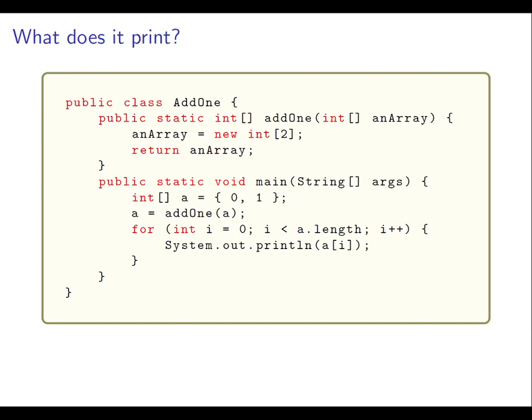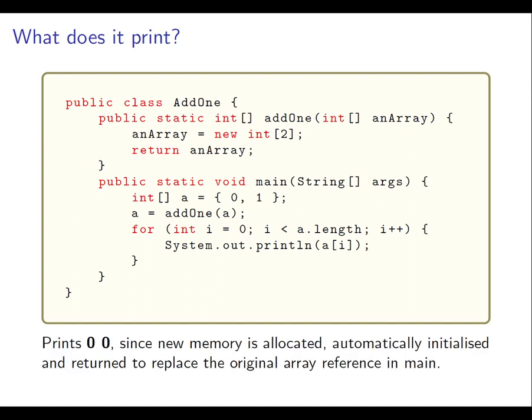What about this variant? This one is the same, but this time we're going to return the array from add1. And the other difference that I should have remarked on is the fact that we also are going to make the return value from add1 be the new value of the array variable A inside main.